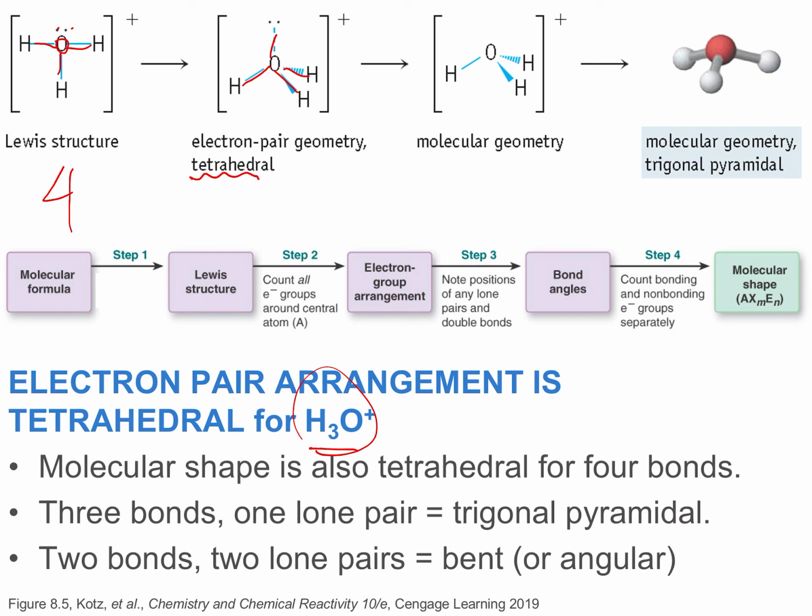So that means its electron pair geometry, or electron pair arrangement, is tetrahedral. So now we're going to note the positions of lone pairs and double bonds, and we see that we have 1, 2, 3 bonds. So that gives us a molecular geometry or molecular shape that's trigonal pyramidal. So it's very similar to the NH3 in that regard.